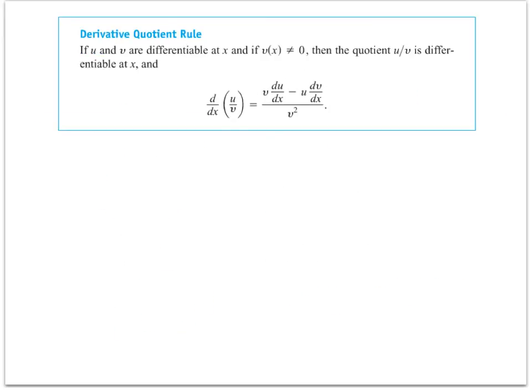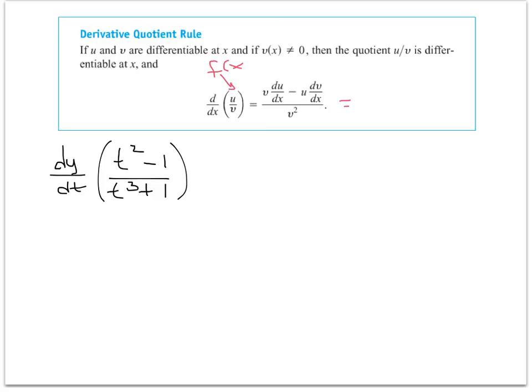Last one is the quotient rule. And again, it's kind of like the product rule. It's not difficult. It's just this one's very time consuming. So if I have a quotient, I want to find dy dt of t squared minus 1 over t cubed plus 1. Now, once again, you could write this as this is f of x, this is g of x.